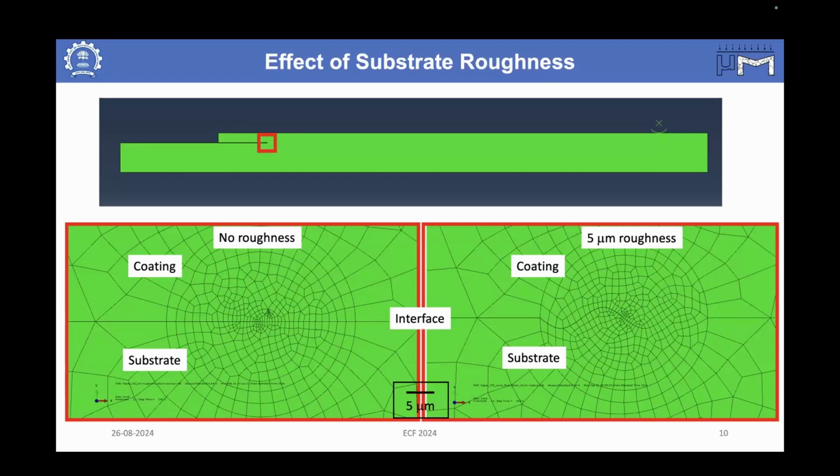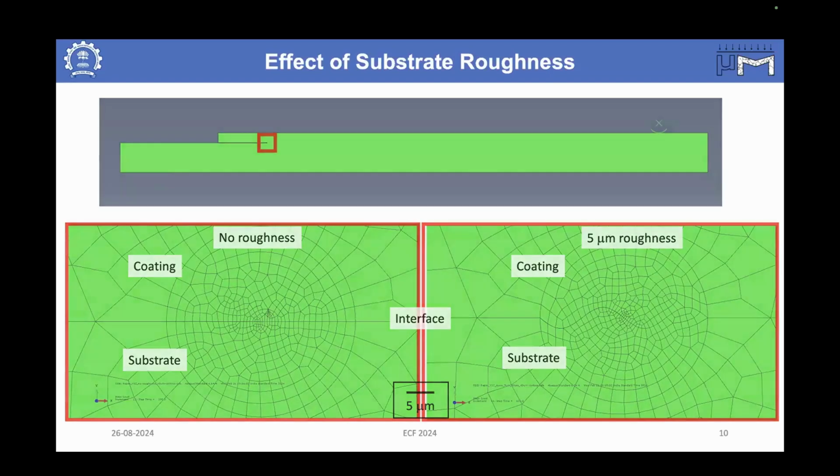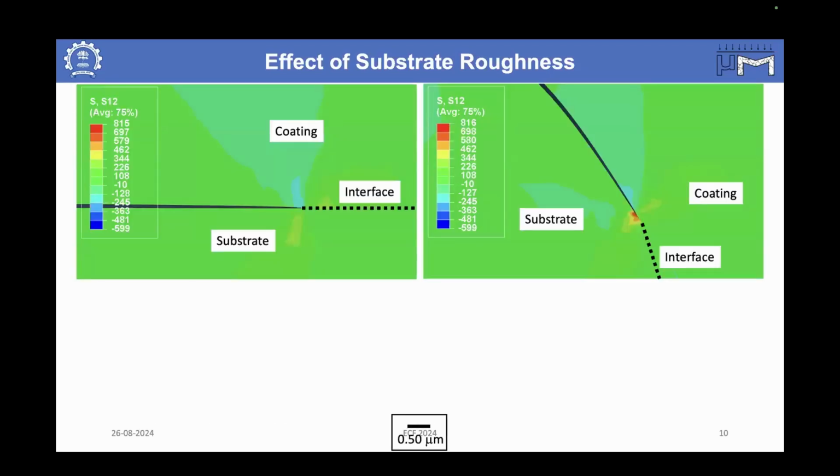These are done in Abaqus with a 2D model. Here you can see a slight waviness has been given to the sample. And you can see that the shear stresses are higher when the substrate roughness has been given to the sample.